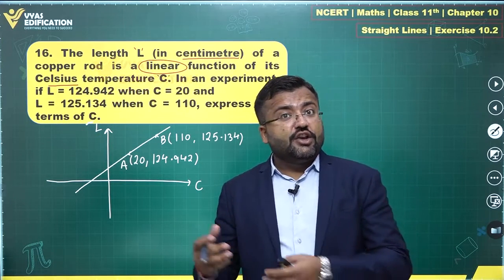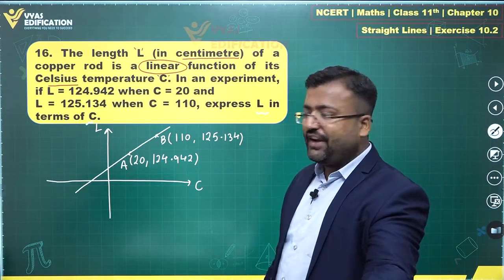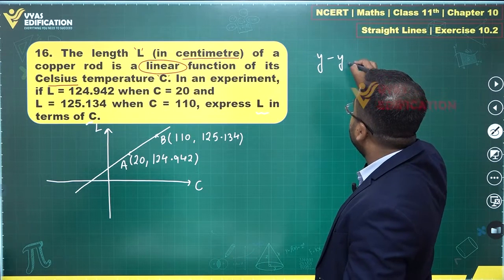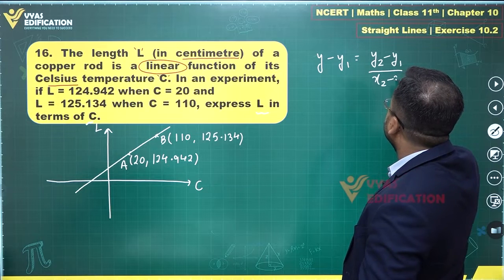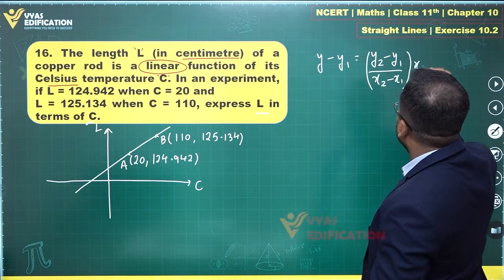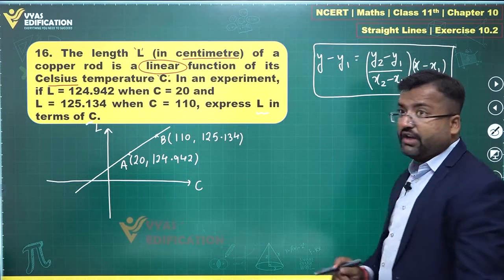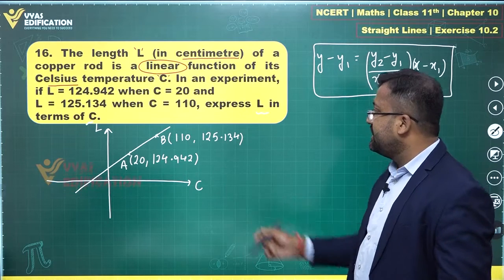Okay, we are interested in the equation of this line. You know how to find that. This is 2-point form. Let's apply concepts. Y minus Y1 is equal to... 2-point form. This is what you need, right? Instead of Y and X, you get L and C respectively.